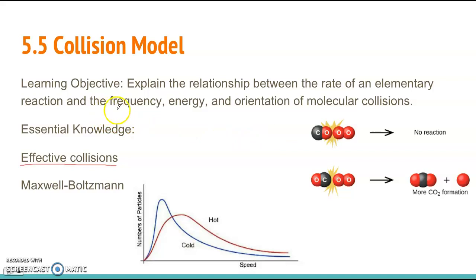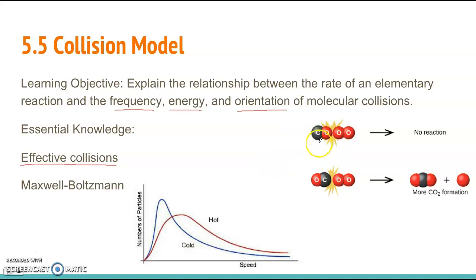So the more often the particles collide, that's the frequency, and the faster the particles are moving, which leads to a higher kinetic energy, and if the correct part of the reacting particles hit each other, that's the orientation, then you have an effective collision. Now, for most reactions, most collisions are not effective. Most of the collisions don't result in a product, so it's usually a smaller number.